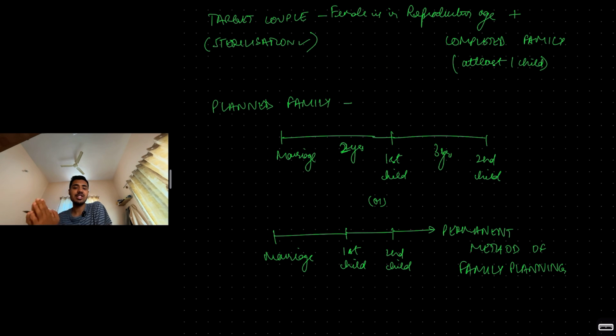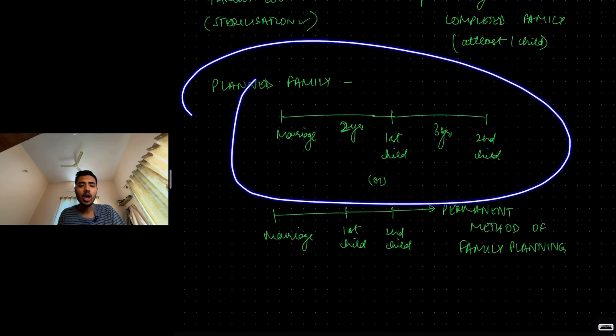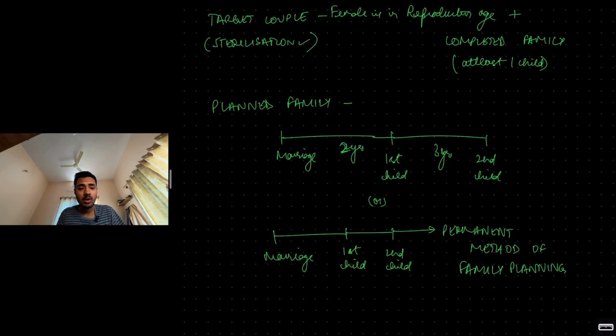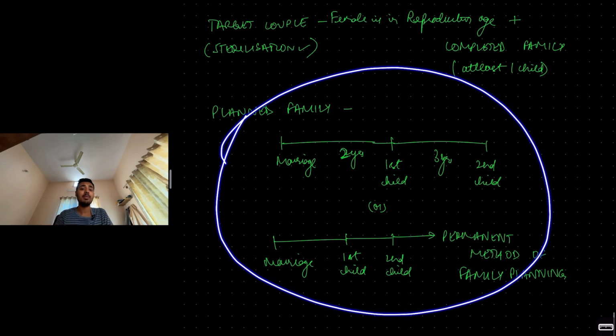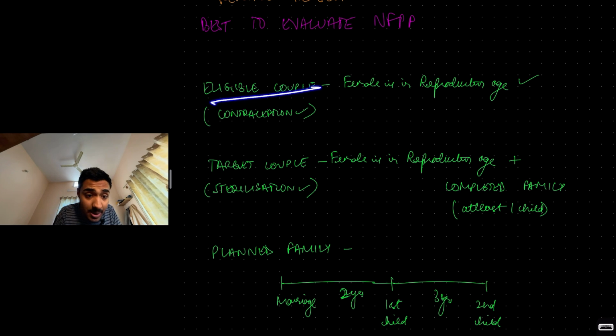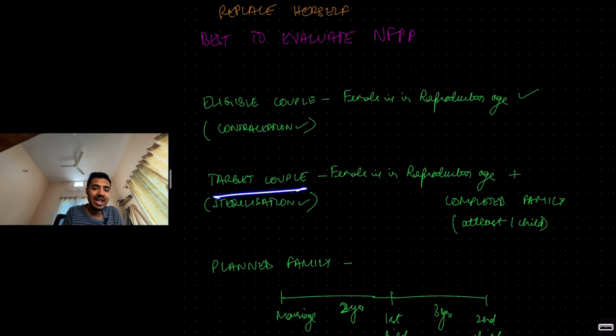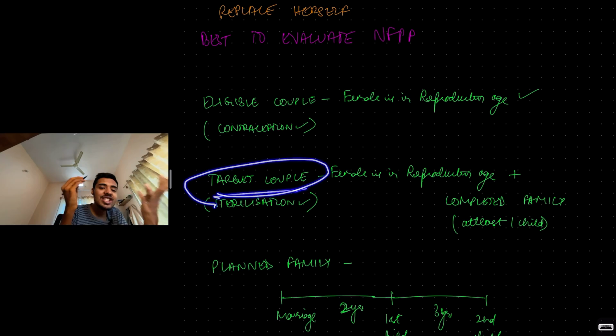This is a well planned family. Or marriage, first child, second child, then a permanent method of family planning like tubectomy, vasectomy. So, completed planned family. These are two planned families. Remember, contraception to eligible couple, sterilization to target couple. Target couples have already achieved their target, completed their family.